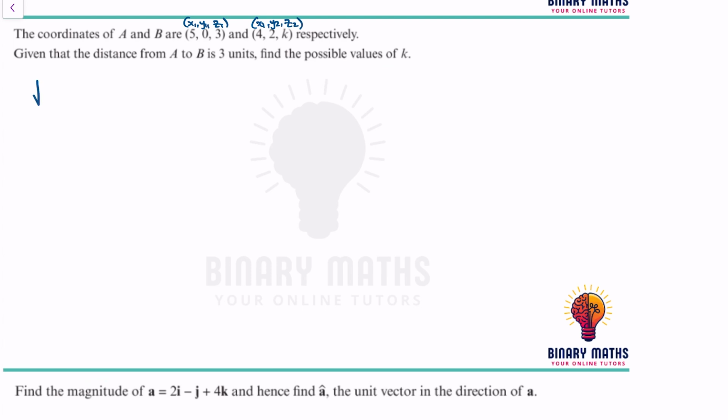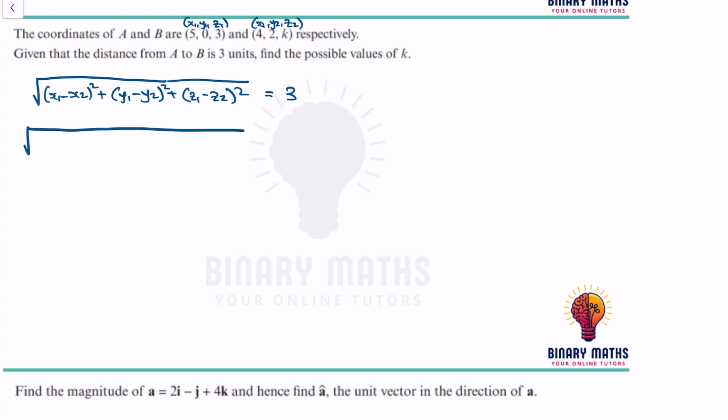That means the square root of x1 minus x2 squared plus y1 minus y2 squared plus z1 minus z2 squared is equal to 3. If I substitute my values in, we get 5 minus 4 squared plus 0 minus 2 squared plus 3 minus k squared is equal to 3.